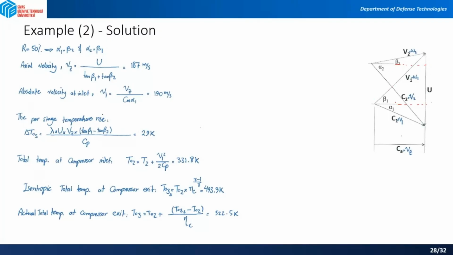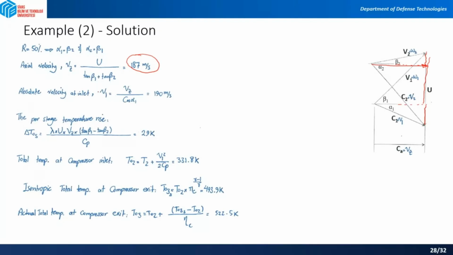You can see how, because tangent beta 1 will give you this part, tangent beta 2 will give you this part, and actually this small part is equal to this small part because beta 1 and alpha 2 are equal. So the sum of the tangents times your Vz gives you the U velocity, which means your Vz will be found at 187 meters per second.